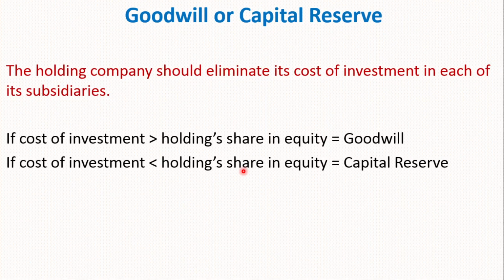So these are two completely contrary concepts, goodwill and capital reserve. Keep it in mind: if the cost of investment is greater than the holding share, there is goodwill. Say for example, the holding company's investment is 1 lakh and the holding company's equity share is 80,000. So 20,000 is goodwill. But if the cost of investment is 1 lakh and the holding equity is 1 lakh 20,000, at that time there will be a capital reserve.